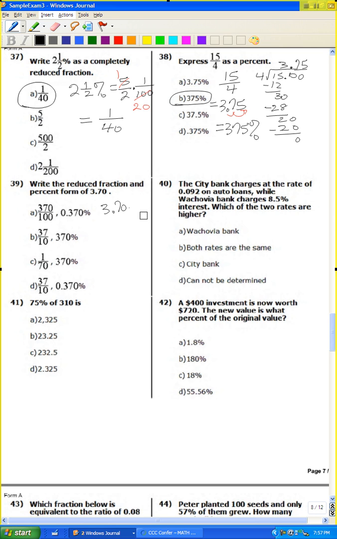So let's write the reduced fraction form. Well, this is the same as 370 over 100. And move my decimal 2 places to the right, so I get 370%. Oh, they reduced it.